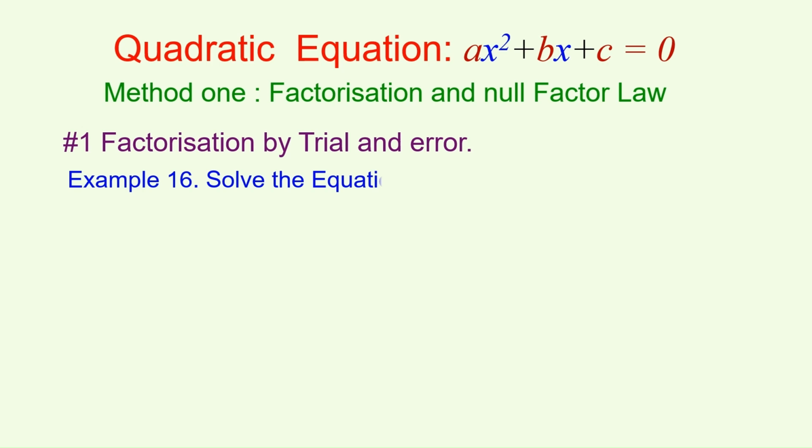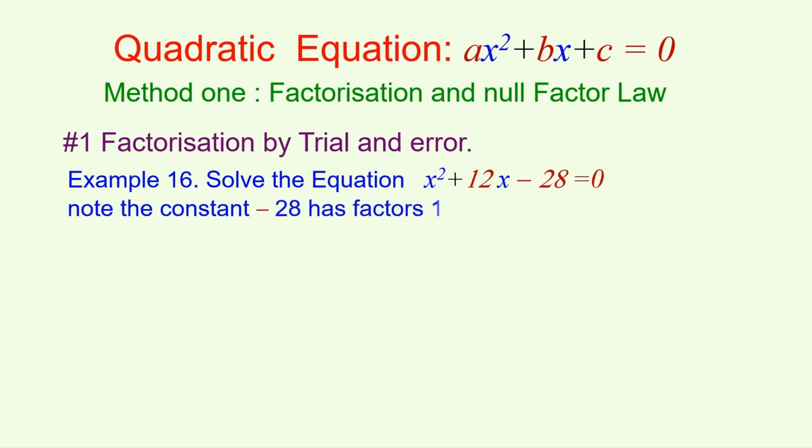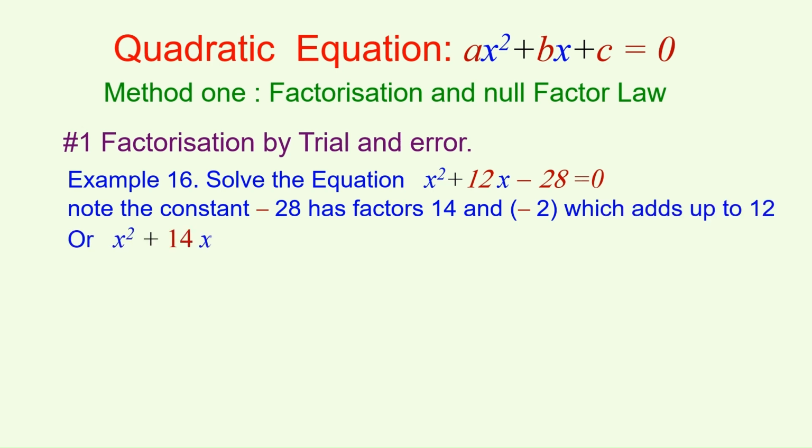Take another example. Solve the equation x squared plus 12x minus 28 is equal to 0. Note the constant minus 28 has factors 14 and minus 2, which add up to 12. Rewriting, x squared plus 14x minus 2x minus 28 is equal to 0.